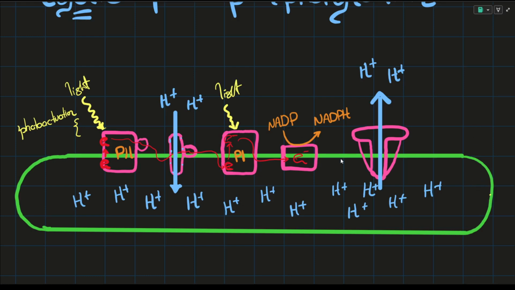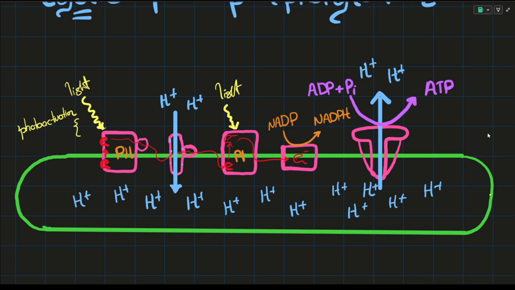Why do I always run out of colors? Purple? Okay, any purple. And that something else is the production of ATP by the combination of ADP plus inorganic phosphate. ADP plus Pi gives you ATP.